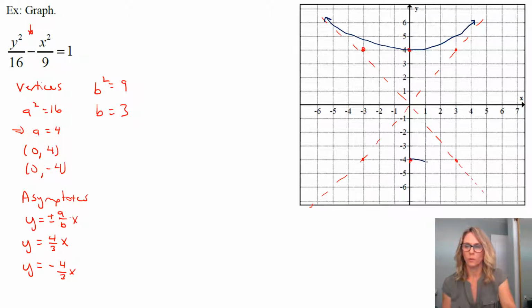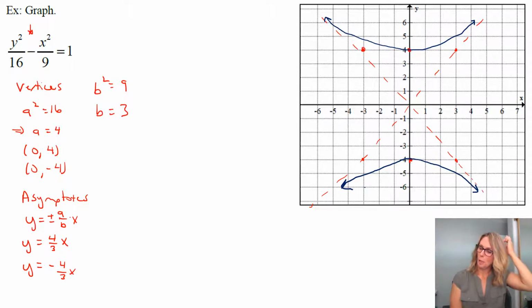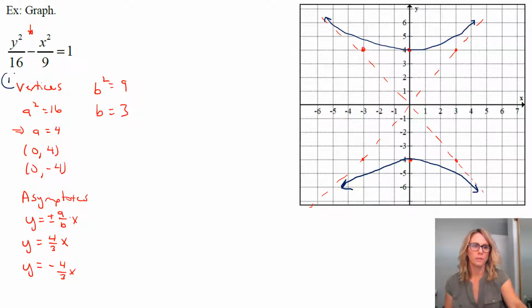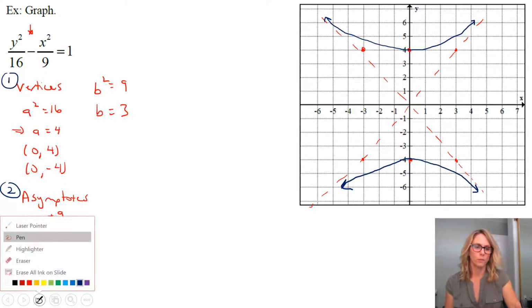This one might be a little easier for me to do half and half, but I just want to get close to those asymptotes. And you know, it should look similar, should be symmetrical, but that is what the hyperbola looks like in this case. So again, focus on your vertices, get the asymptotes, draw those, and then just do your shape.